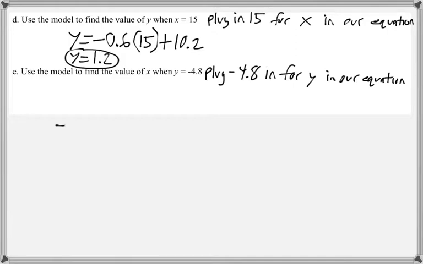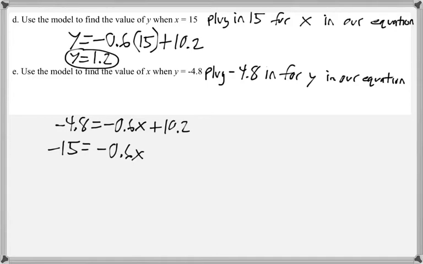So this will be negative 4.8 is equal to negative 0.6x plus 10.2. And I want to solve for x. So if I subtract 10.2 from both sides, I get negative 15 is equal to negative 0.6x. And then if I divide both sides by negative 0.6, then x is going to be equal to 25.